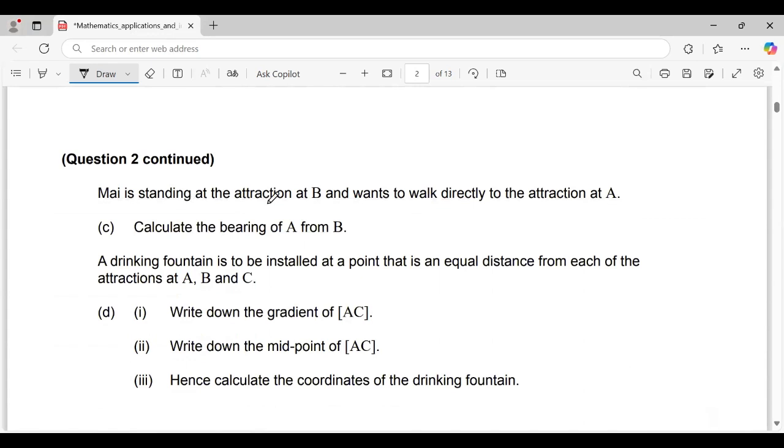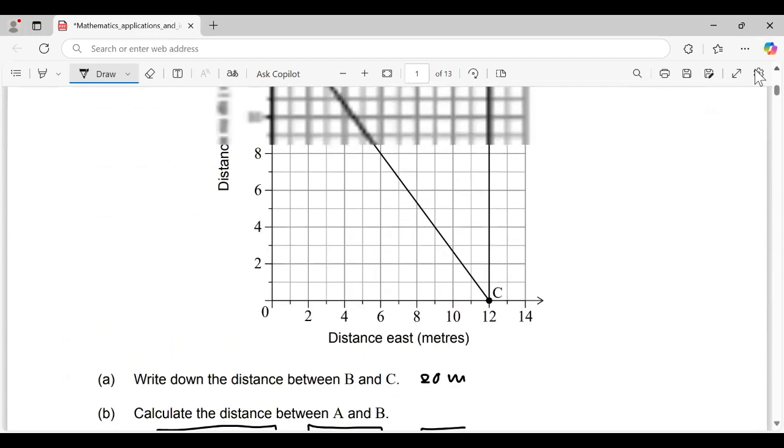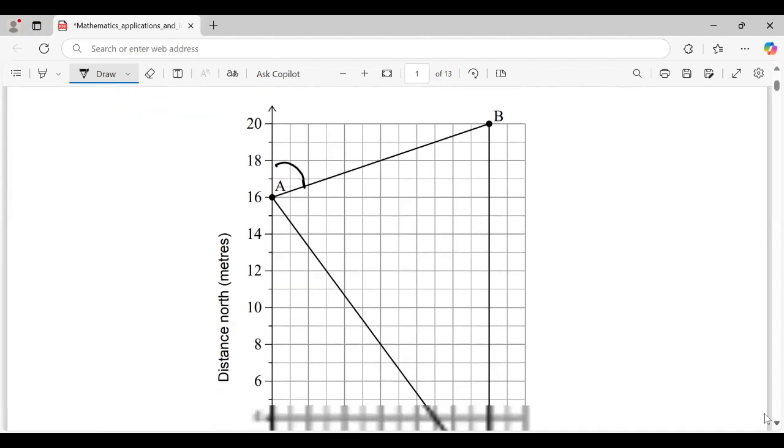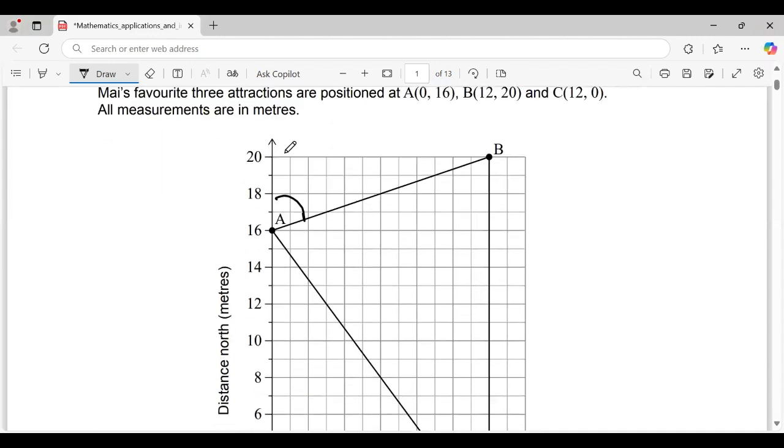May is standing at the attraction at B and wants to walk directly to the attraction at A. Calculate the bearing of A from B. This is the angle, measured clockwise from the north line at B. To find the bearing, we are going to use tangent, because this is 4 and this is 12.